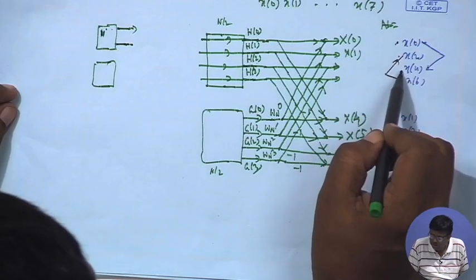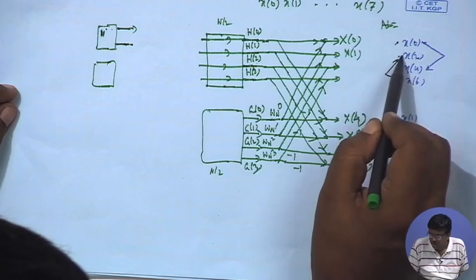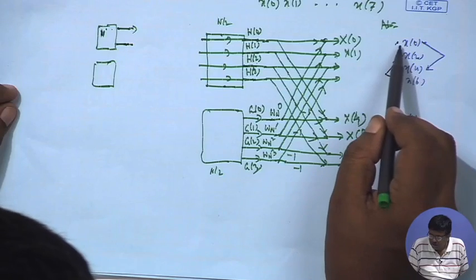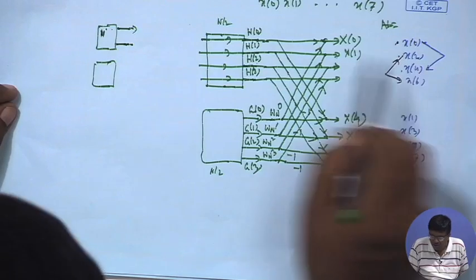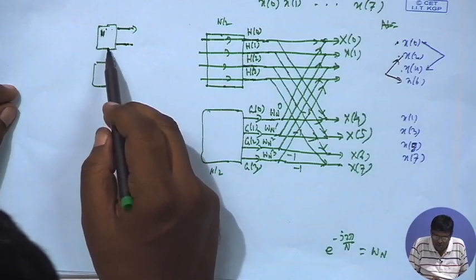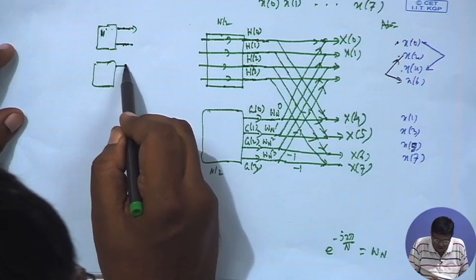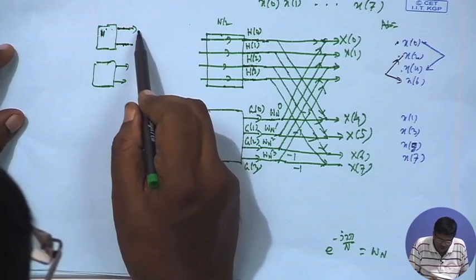0th point, first point, second point, third point. First and third are the odd ones, so x 2, x 6, and 0th and second, there is x 0, x 4 upstairs. X 0, x 4, I calculated 2 point DFTs, they come out here and here, here also they come out. Then what I have to do?